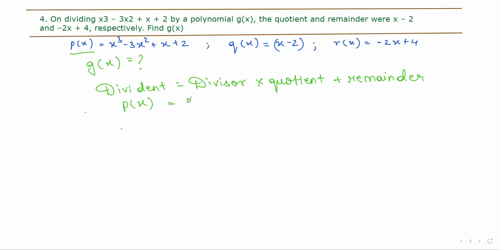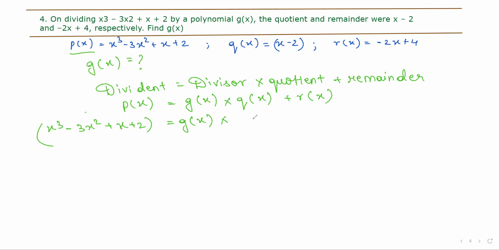Divisor is g of x, which you have to calculate, into quotient q of x plus remainder r of x. If you place these values here, you have x cube minus 3x square plus x plus 2 is equal to g of x into q of x, which is x minus 2, plus r of x, which is minus 2x plus 4.